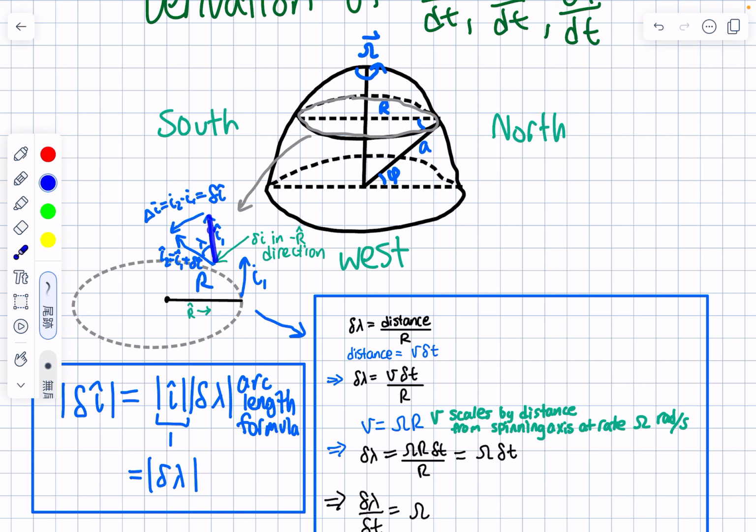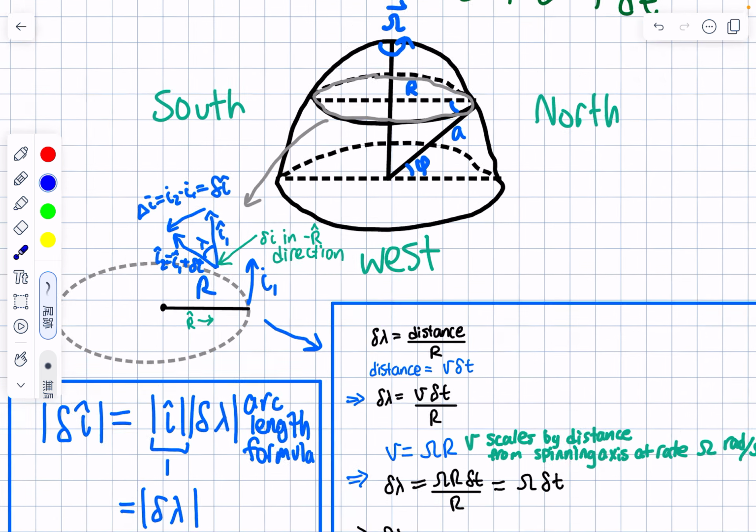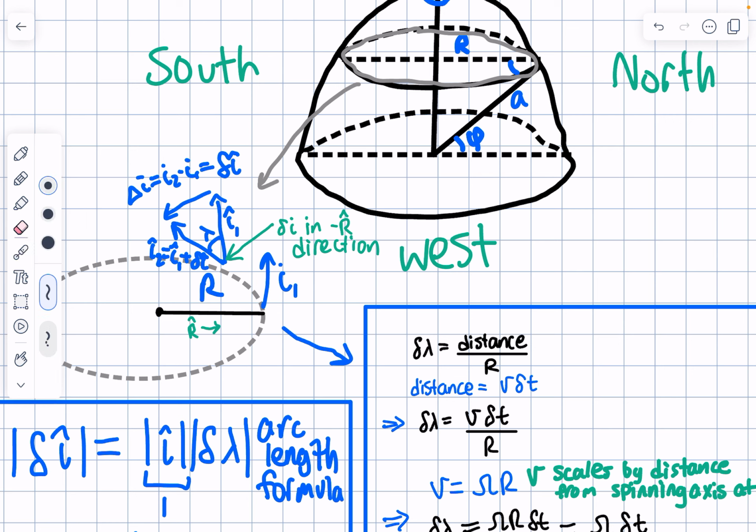So we have i1 here, and then i2 here. After a certain amount of time, we have delta i. We have i2, which is this vector, equal to i1 plus some change in i.